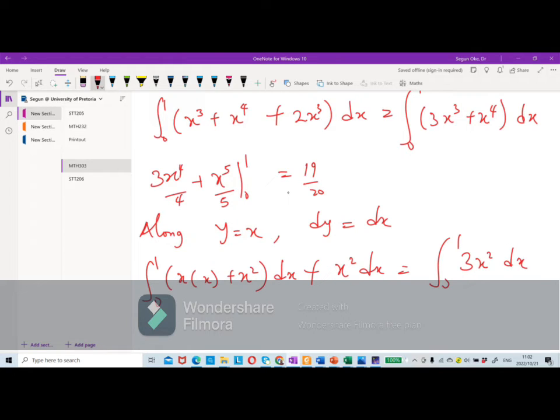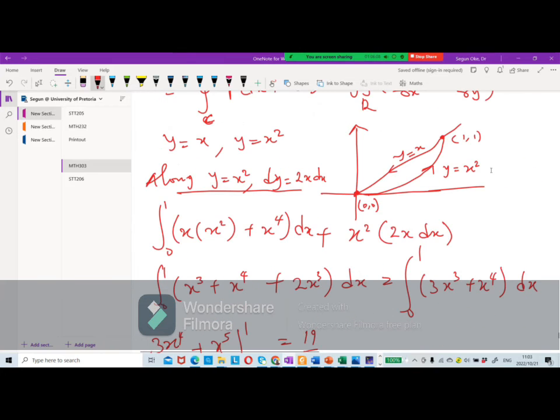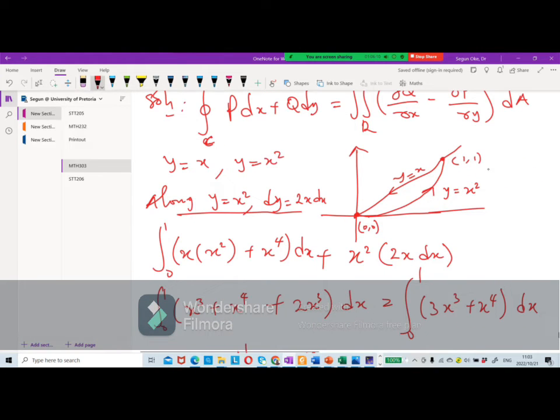So when you solve this one, you have 3x cubed over 3. Sorry, the limit we change here, we change to 1 to 0. How do we change the limit to 1 to 0? Let's go back to this.